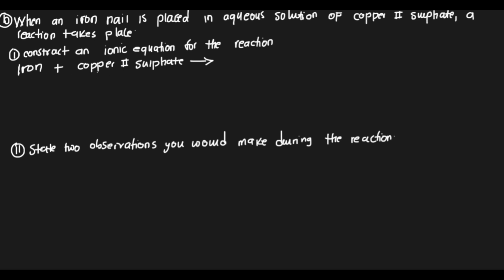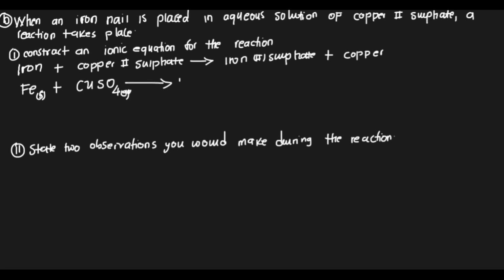So iron will displace copper, giving us iron 2 sulfate. So this is a single displacement reaction. Then the copper will remain alone. The symbol for iron is Fe, solid, plus CuSO4, aqueous. Then we have iron sulfate, aqueous, plus the copper, solid.